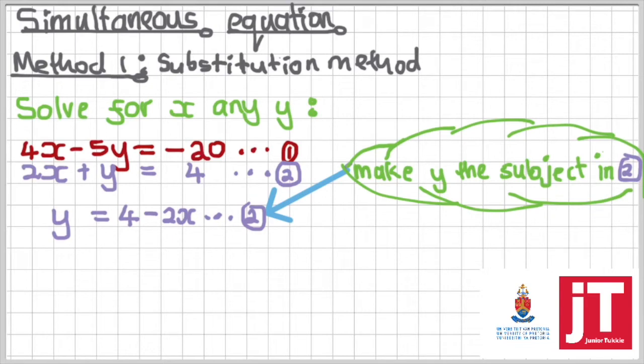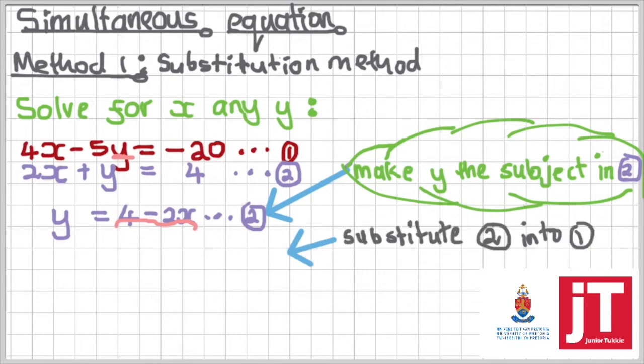I'm going to substitute that y value that I've just calculated, the 4 minus 2x, into the place of y from the first equation. So if I do that correctly, I should get 4x minus 5(4 minus 2x) is equal to negative 20.